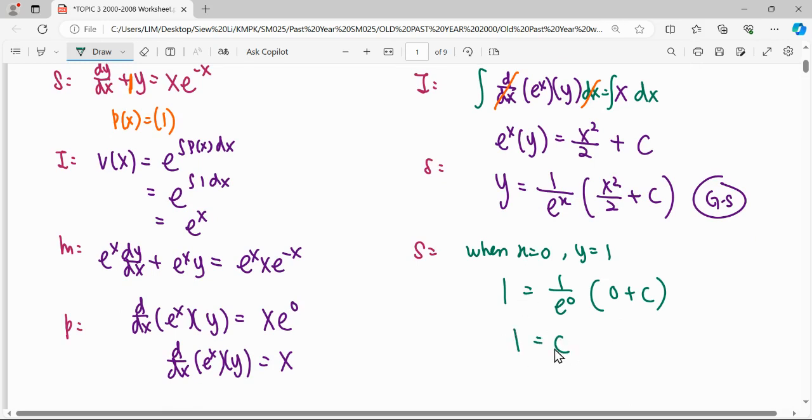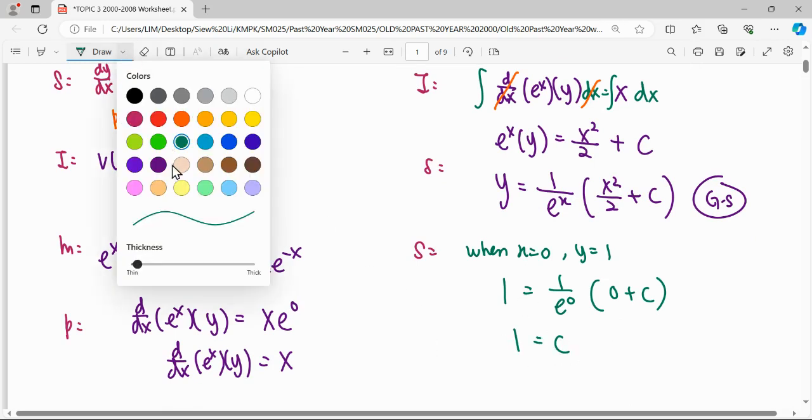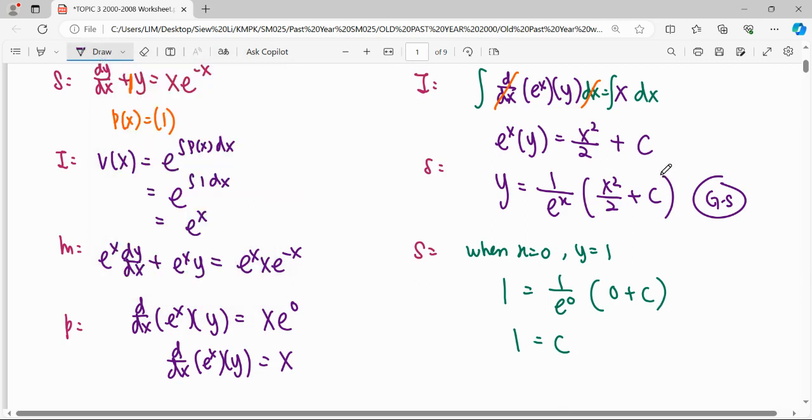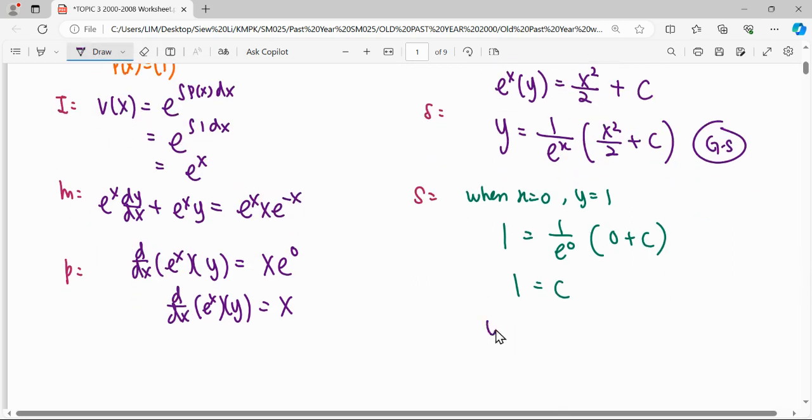So c is equal to 1. Therefore, finally, we put it back into our general solution to form our particular solution. So that's all for this question.